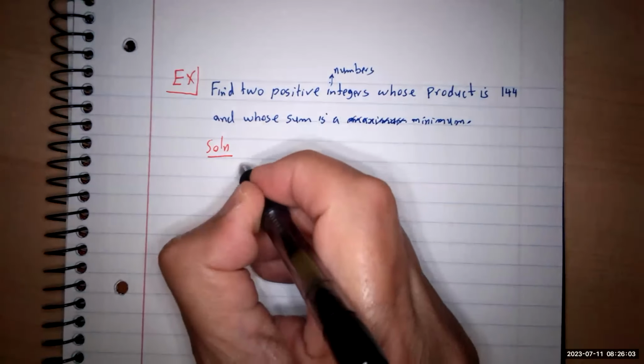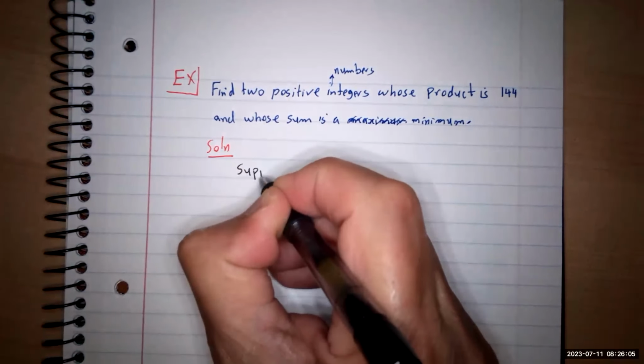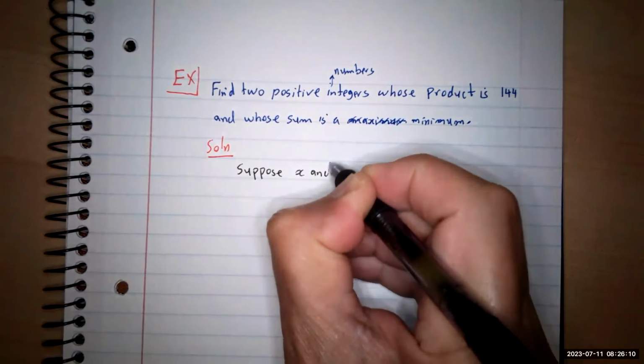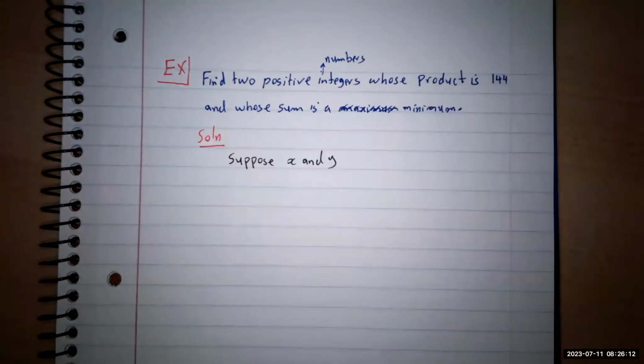Suppose X and Y are two positive numbers. You have to change it to the symbolic form to be able to make a function.